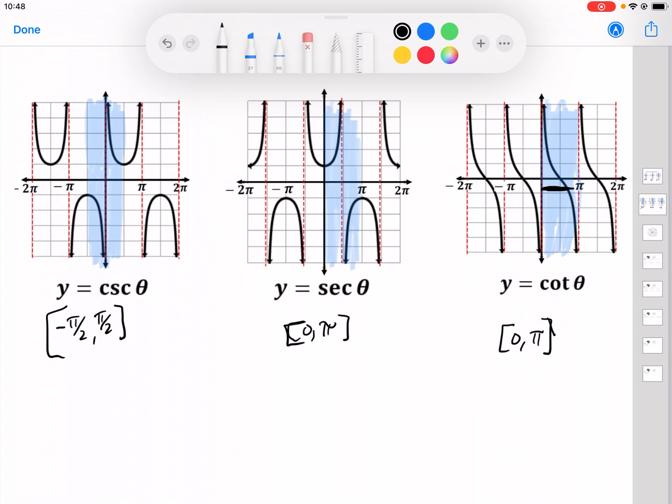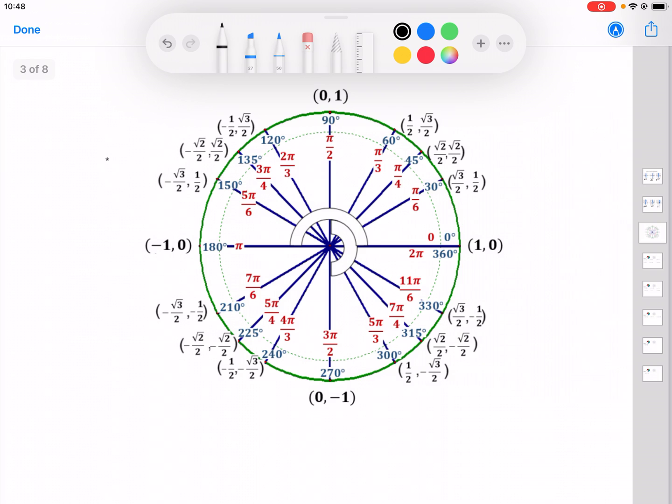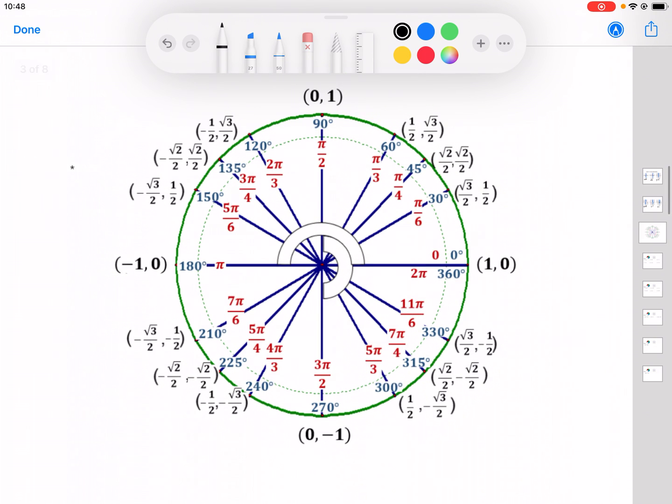Now, I want to show you on the unit circle what I'm referring to. On my unit circle, some of you might not have one like that, but if you did, I like to write out which ones go between 0 and pi. So you'll notice that cosine inverse, secant inverse, and also cotangent inverse went between 0 and pi.